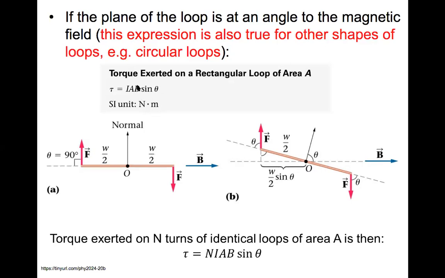In the previous page, the angle was 90 degrees, and sine of 90 is 1, so we didn't have the sine there.